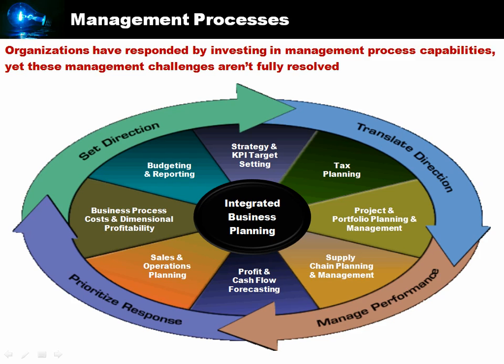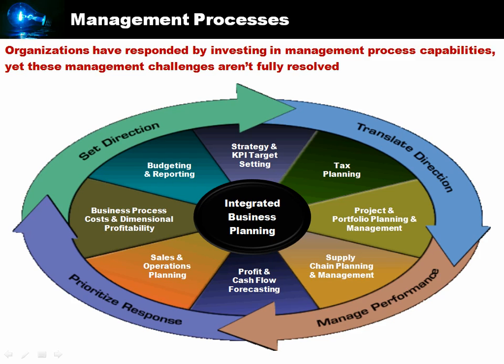Three key points are worth highlighting about this screen. First, integrated business planning is not a replacement for other planning and performance management processes and applications, such as those shown on the screen. It complements them by addressing capability gaps in them. Second, one of the reasons that organizations have these capability gaps is that they buy applications and develop processes to meet siloed business needs.